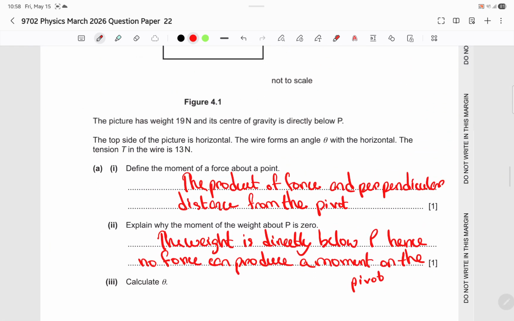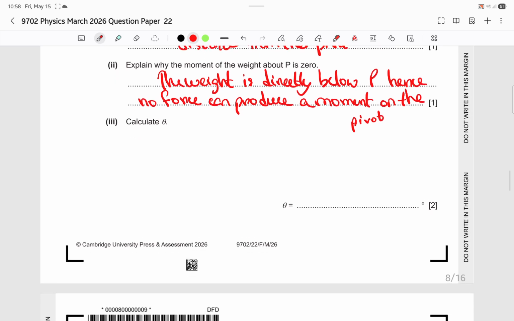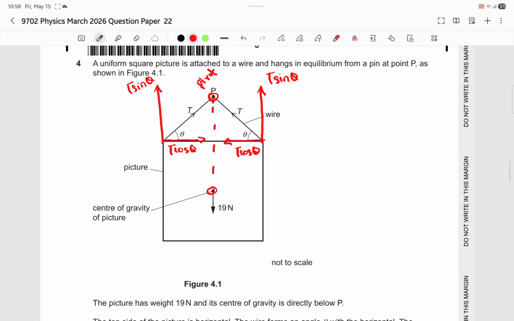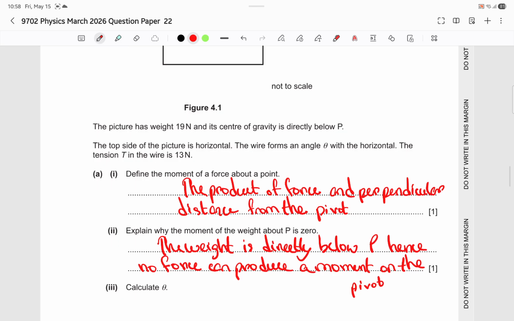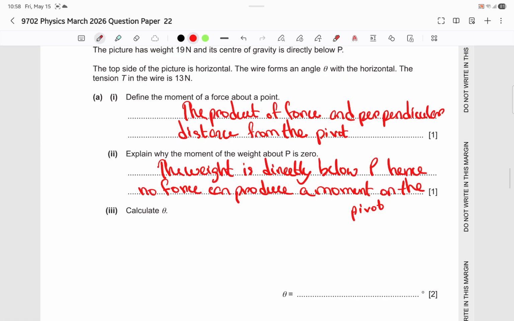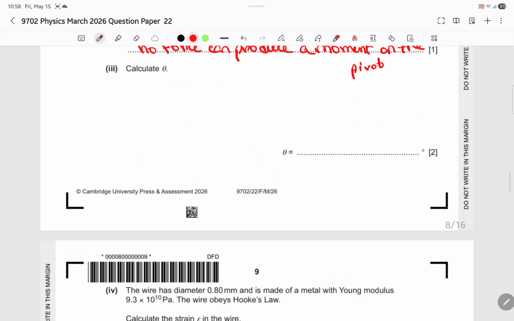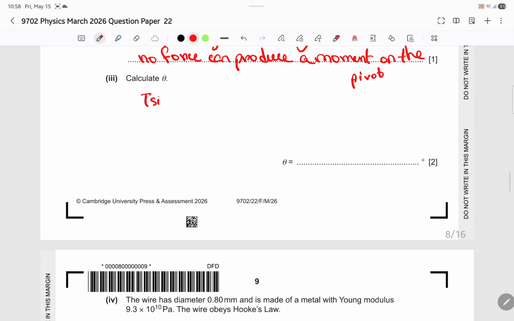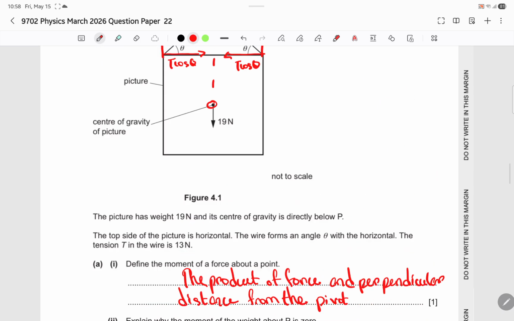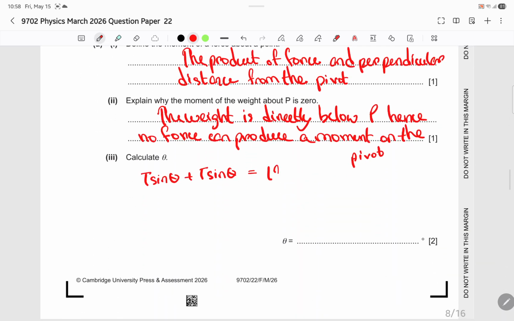Now, calculate theta. This one should be fairly easy, actually. We know T is this, and we know T is this. The weight is 19. And it's at equilibrium. That means if we add these up, it should equal 19. Which basically means that T sine theta plus T sine theta should equal 19.